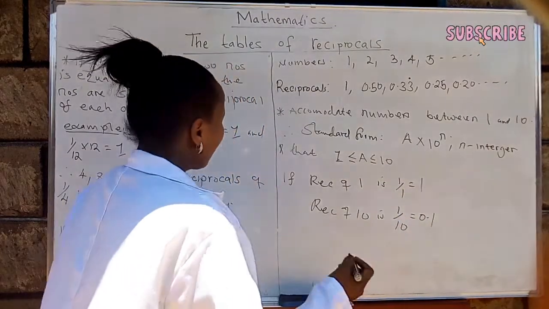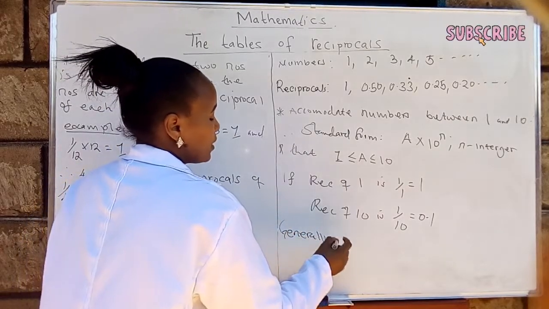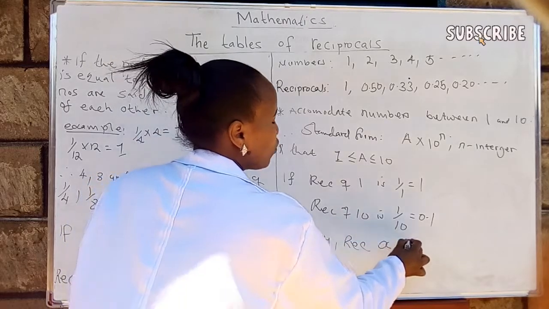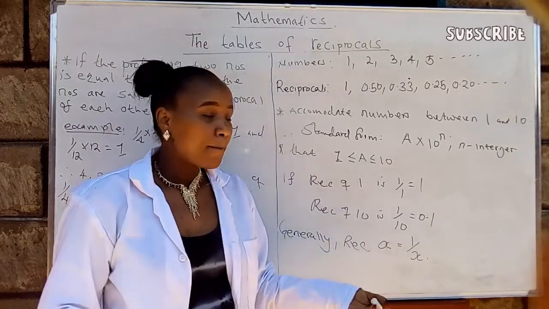So generally what we can say is that the reciprocal of any number x is equal to 1 over x. In short, 1 divided by x.